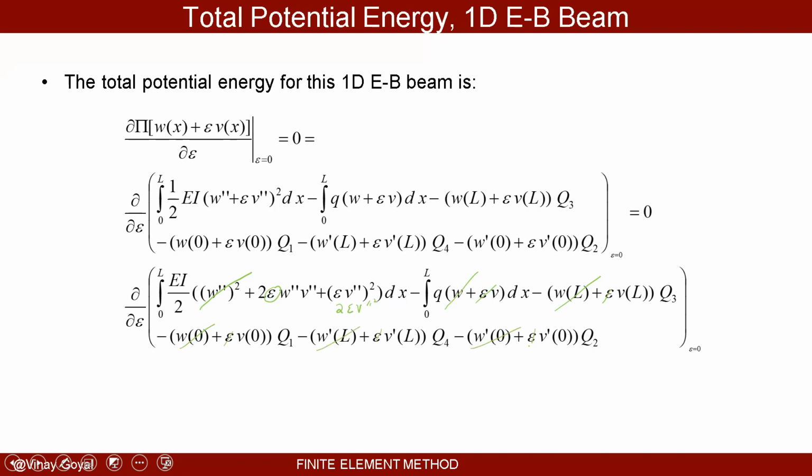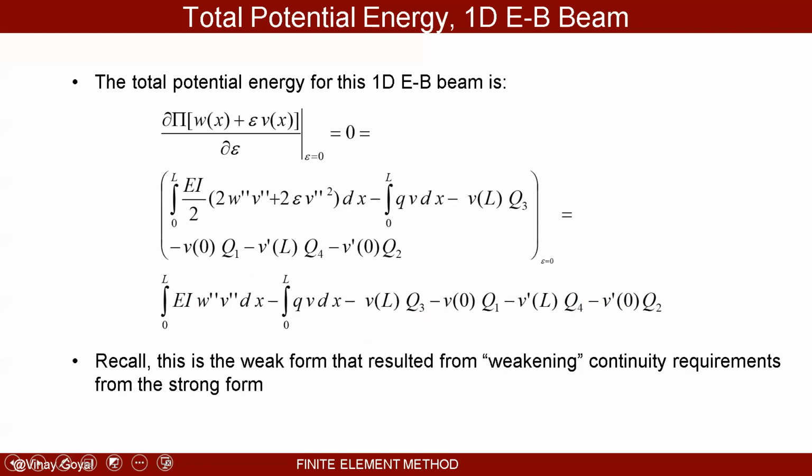And then I notice that when I plug in epsilon equals 0, this goes away completely, and I'm done. And you can see here that I get this equation right here at the bottom when you do it.